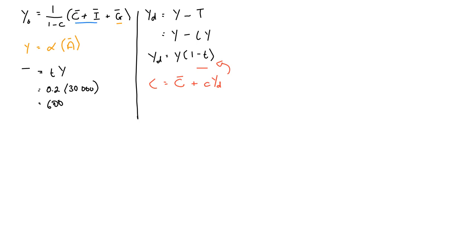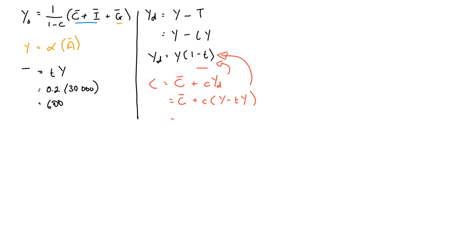Your disposable income is Y times 1 minus T. So therefore your consumption function then changes to C bar plus your autonomous consumption function multiplied by Y minus T Y. Right, and all we've done here, guys, is that we've just done the multiplication for this.